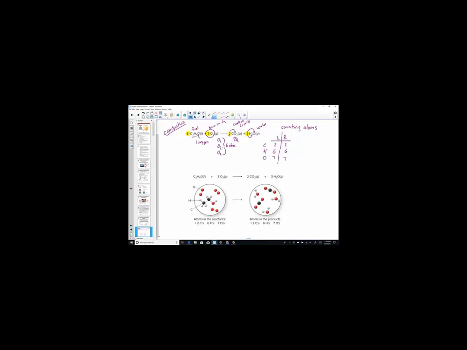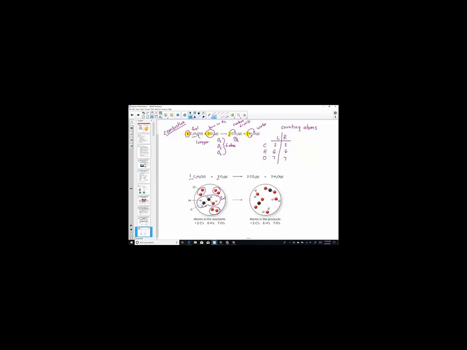Can you visualize that? Visualize what these coefficients mean. We saw a coefficient of 1 in front of our molecule. Notice that's our fuel, our hydrocarbon that we are combusting. It contains 2 carbons, 6 hydrogens, and an oxygen. And to burn it, to ignite it, we had 1, 2, 3 molecules of oxygen.